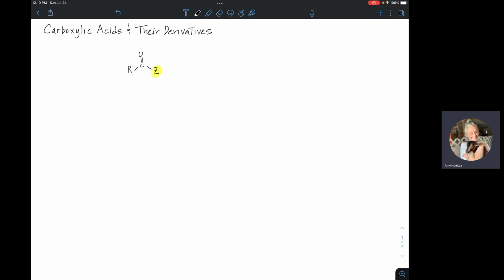When we do aldehydes and ketones, Z will be a group that cannot be replaced by a nucleophile. So let me just draw that out.